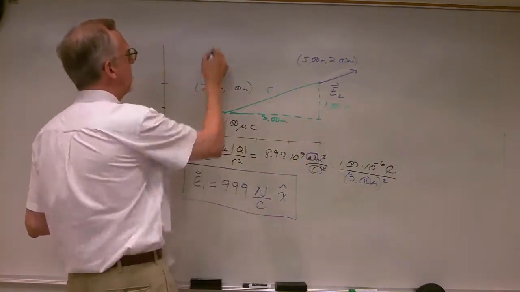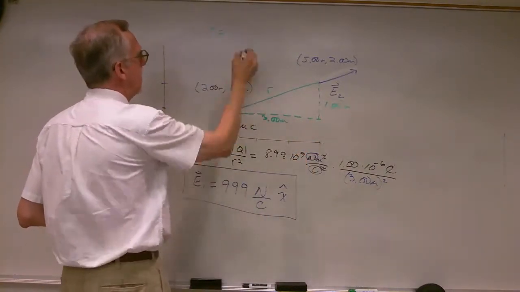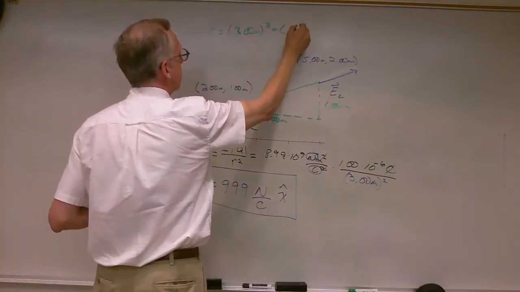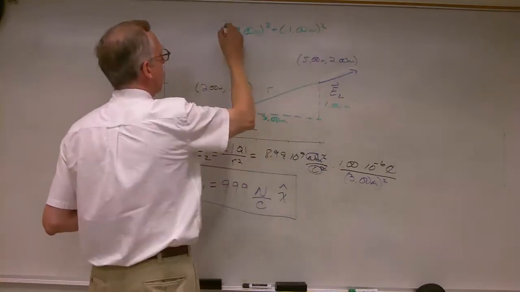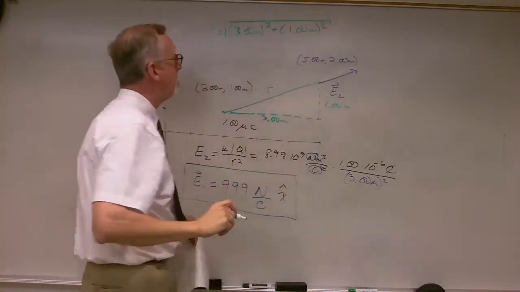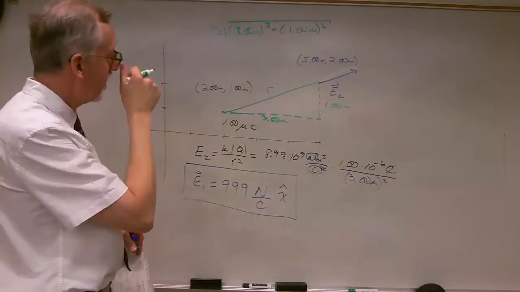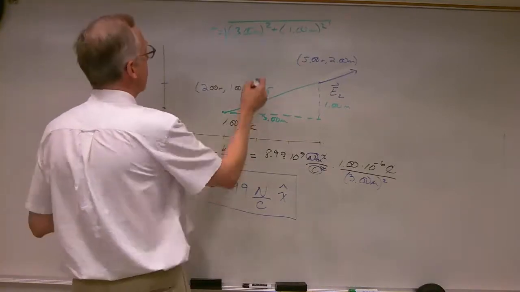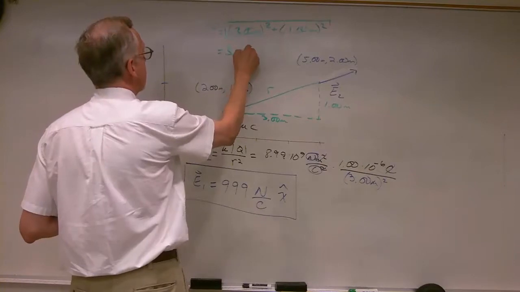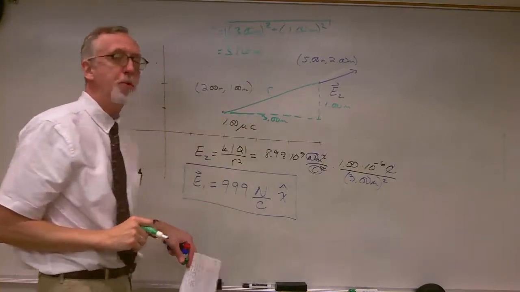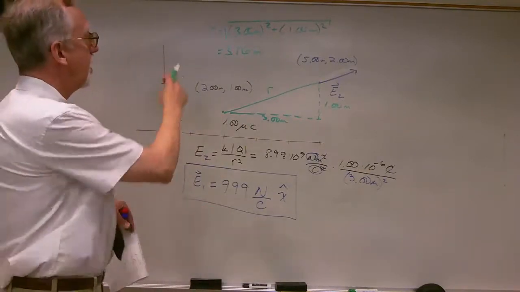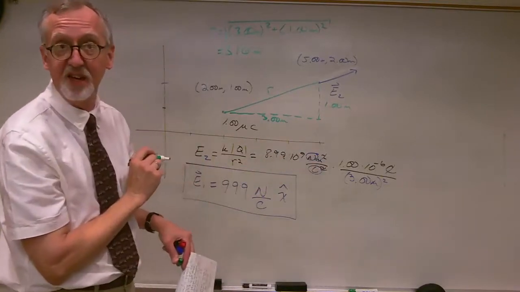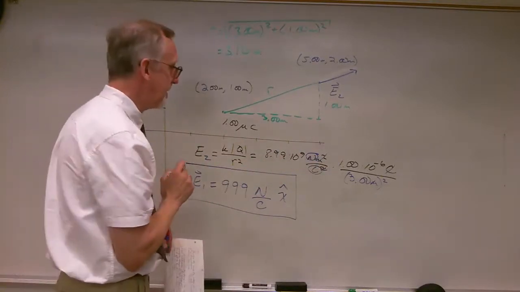So r is going to be the square root of 3 meters squared plus 1 meter squared, or 9 plus 1, that's 10, root 10, so r is equal to 3.16 meters. Or r squared will be 10.